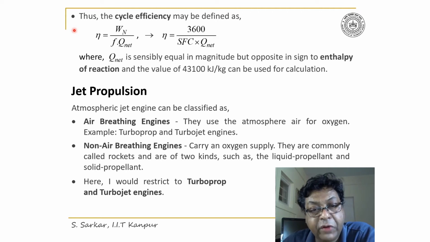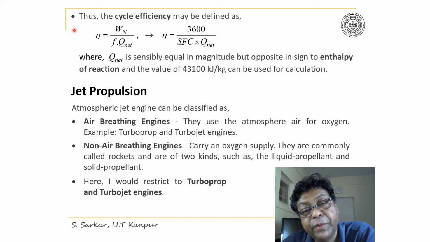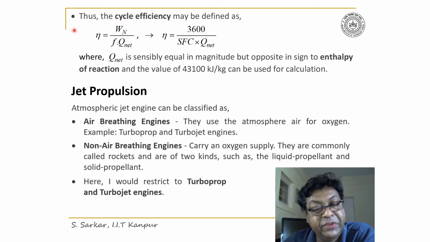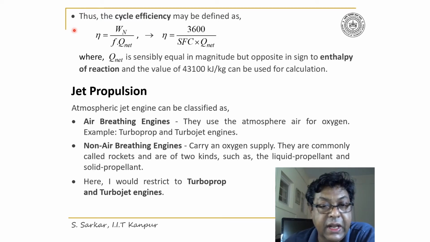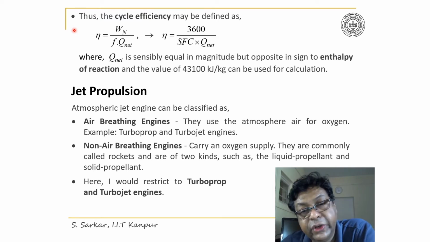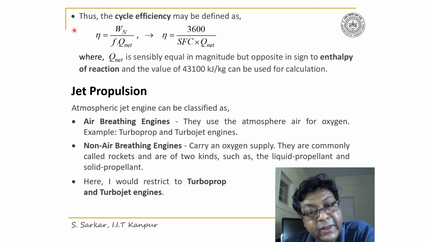The value of Q net is considered here as 43,100 kilojoule per kg. Furthermore, the efficiency can be expressed in terms of specific fuel consumption. Thus, eta equal to 3600 divided by SFC into Q net.